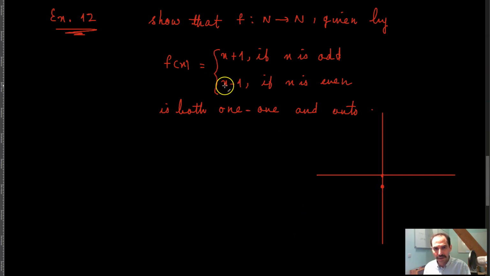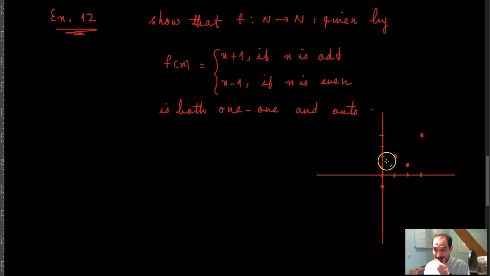When x is equal to 1, since x is odd, 1 plus 1 is equal to 2. When x is equal to 2, since x is even, 2 minus 1 is equal to 1. When x is equal to 3, since x is odd, 3 plus 1 is equal to 4. So that's basically something like this.